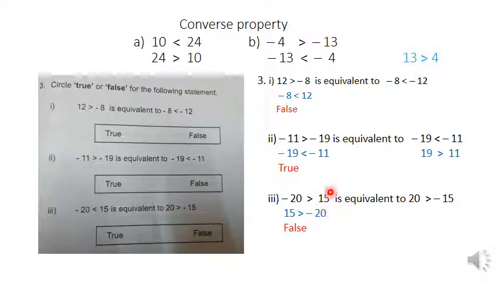But the given one, negative 20 is greater than 15 and the given converse property, 20 is greater than negative 15, not equivalent. So this statement false because this statement said these two inequalities equivalent. So the statement wrong.